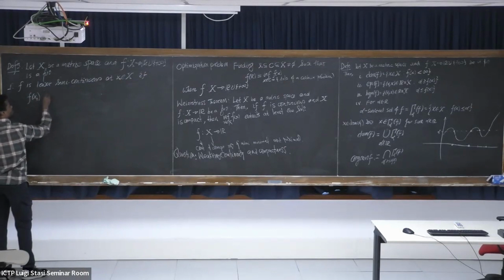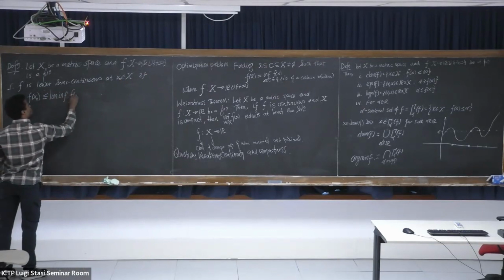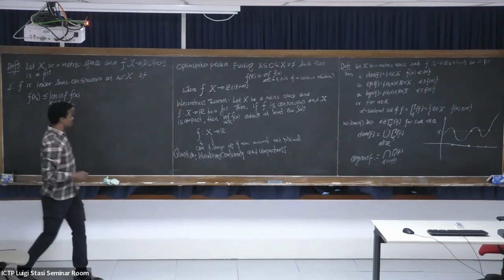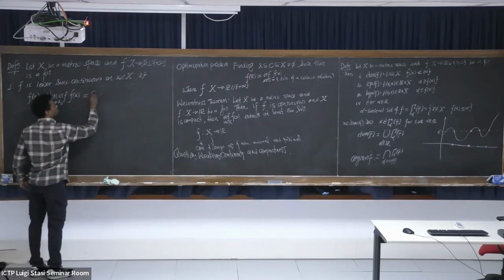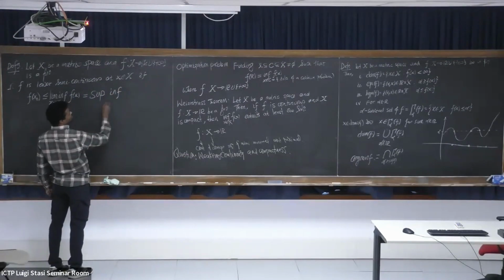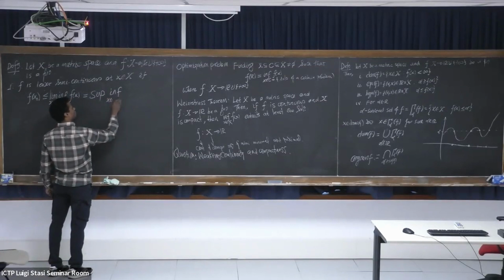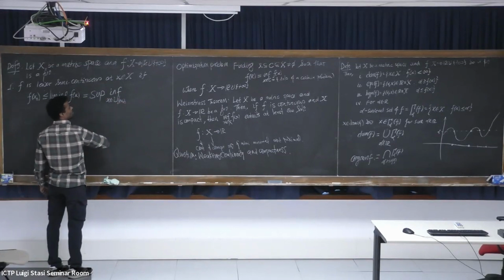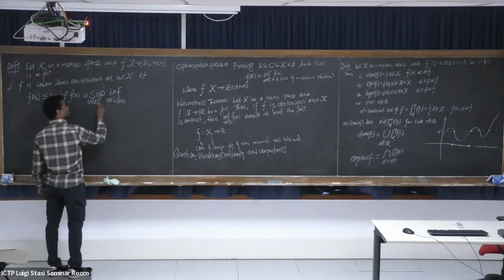The value of the function at X naught is less than or equal to the limit inferior of F of X as X goes to X naught. What is this limit? This limit means the supremum, over the infimum of F of X for X an element of an open set without X naught, where the open set is an element of the X naught neighborhood.